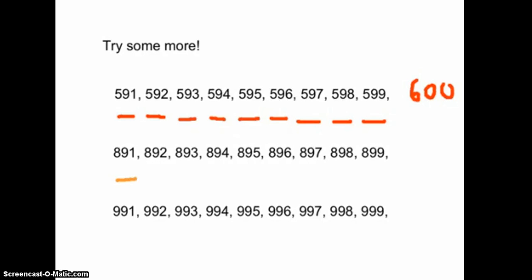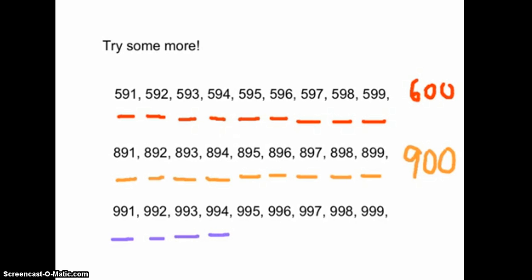Next one, 891, 892, 893, 894, 895, 896, 897, 898, 899, 900 is the next one. And the last one, 991, 992, 993, 994, 995, 996, 997, 998, 999, 1,000.